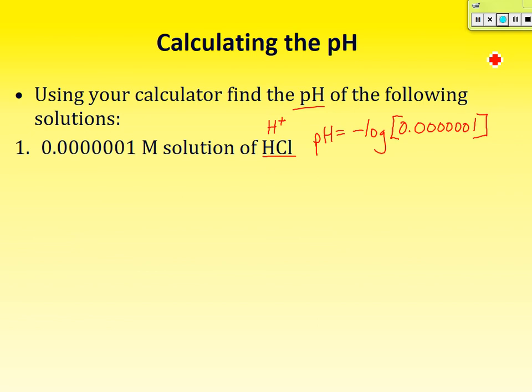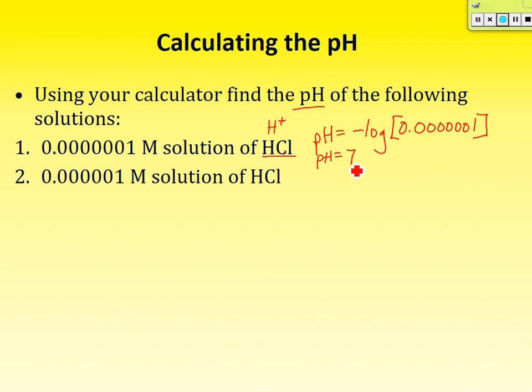Hit that, and then hit the logarithm button, which is right below the second function on the calculator that we use. So negative log, and then type in point, 6 zeros, 1, 2, 3, 4, 5, 6 zeros, and then a 1. What do you guys get? Yeah, the pH of this one is equal to 7.